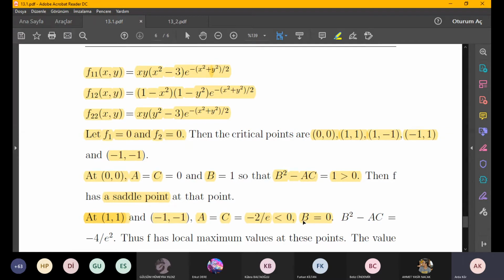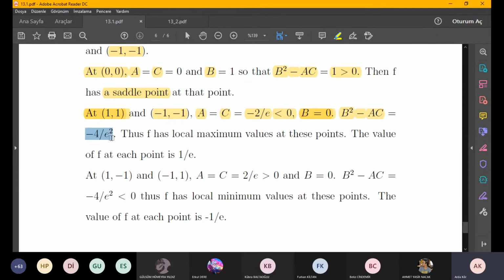After that, you need to compute B² - AC to apply the second derivative test, which will be -4/e². Again, e is a positive number, and that means B² - AC here is a negative number, and A is a negative number here.